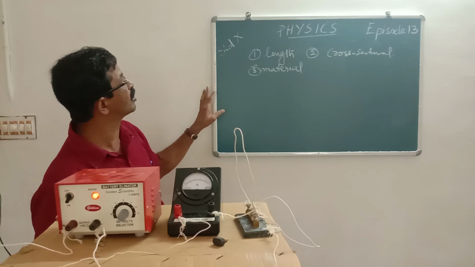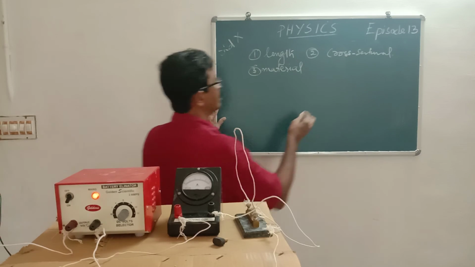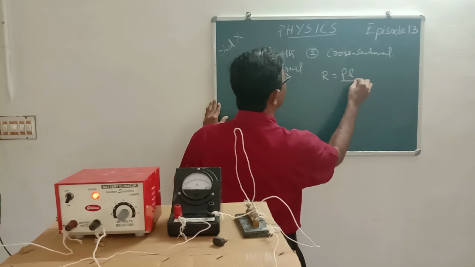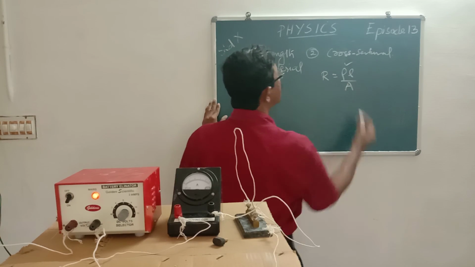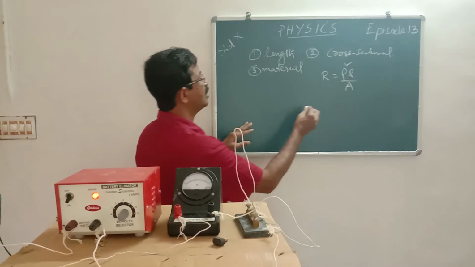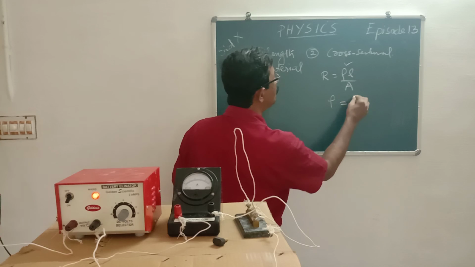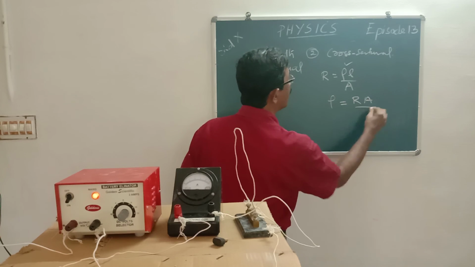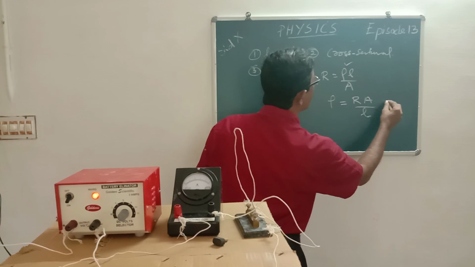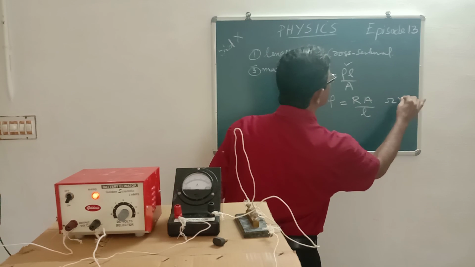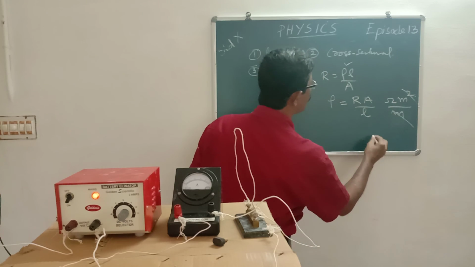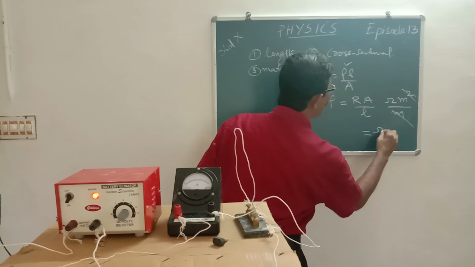Then we discussed resistivity. How we got it from the relation R is equal to rho L by A. Here rho is the constant of proportionality, and from this we got rho is equal to R A by L. We wrote its unit as: R in ohm, area in meter square, length in meter, and cancelling one meter we got ohm meter.